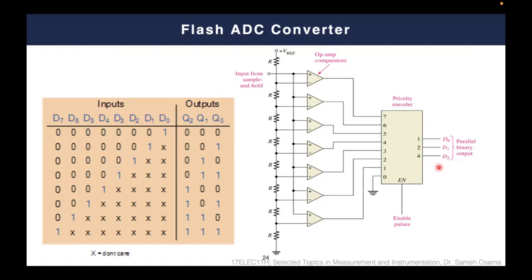I will not do that, but if I told you to sketch the schematic for a 4-bit flash ADC, that means you are going to have 15 comparators, and here you are going to have a 16:4 encoder, and so on. That's why the system is scaling up exponentially as you go to higher and higher numbers of bits. This is the main drawback of the flash ADC.